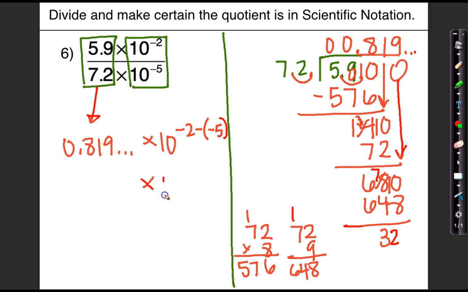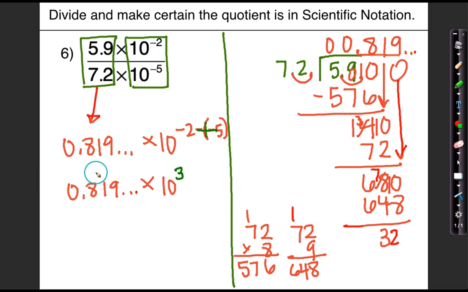I want to simplify the tens first. I'm going to go ahead and say a negative times a negative is a positive. So negative 2 plus 5 is going to give us a positive 3. I'm going to go ahead and bring this straight down. Now one thing that's going to be different from this example from the previous one is you're going to notice that this is not in scientific notation.